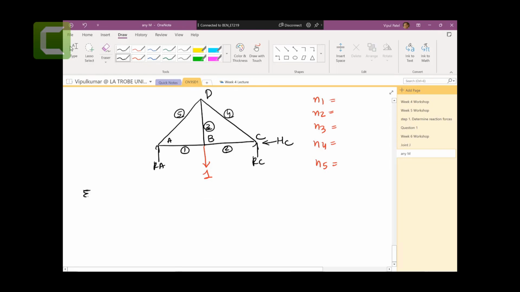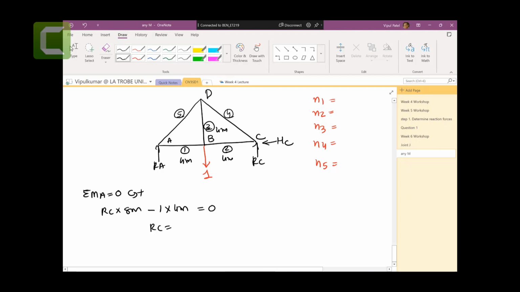Let's say sum of the moment at point A equal to 0. So we repeat the whole procedure again, right? That's what we did in the real system. RC times 8 meters, because this is 4 meters, 4 meters, and 4 meters, minus 1 times 4 meters, and that's it.